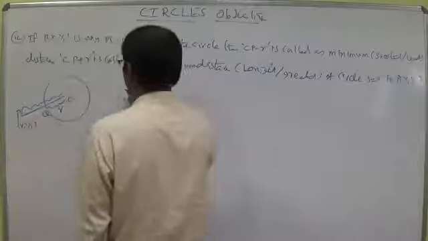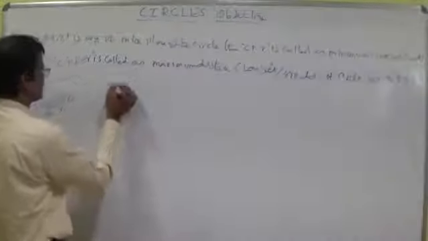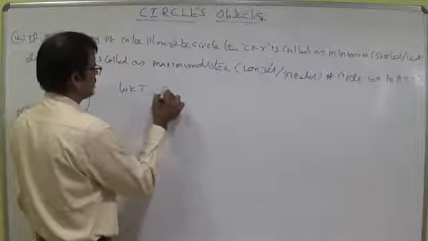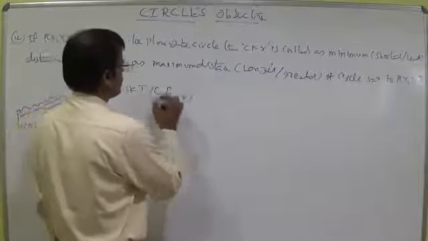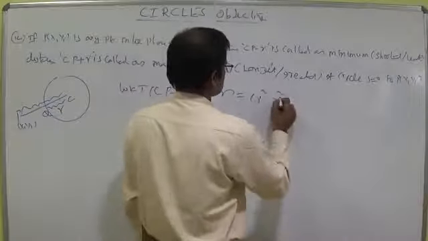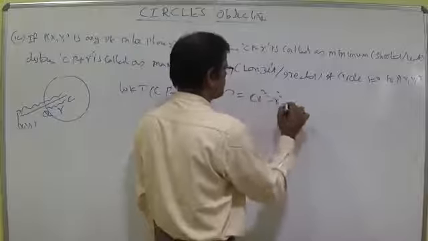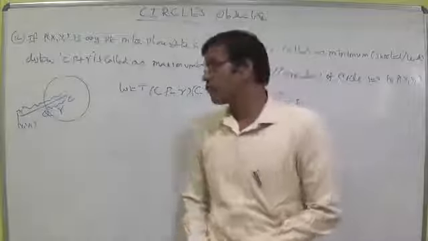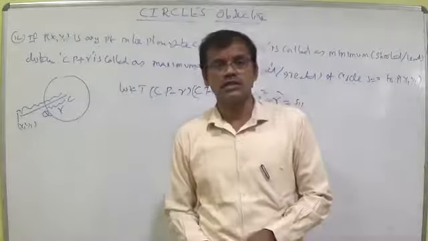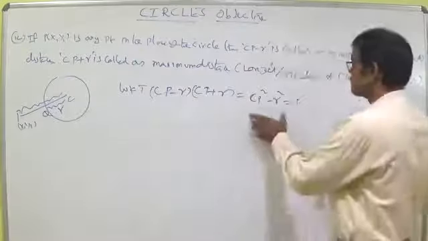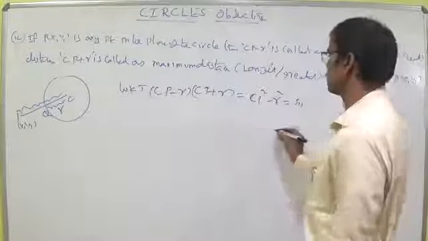And CP plus R is max, and in the concept CP minus R is a small value. So using this one, I am writing CP minus R into CP plus R, which can be written as CP square minus R square. Power of point definition, I said that power of point with respect to a circle is simply CP square minus R square, which is equal to S11.